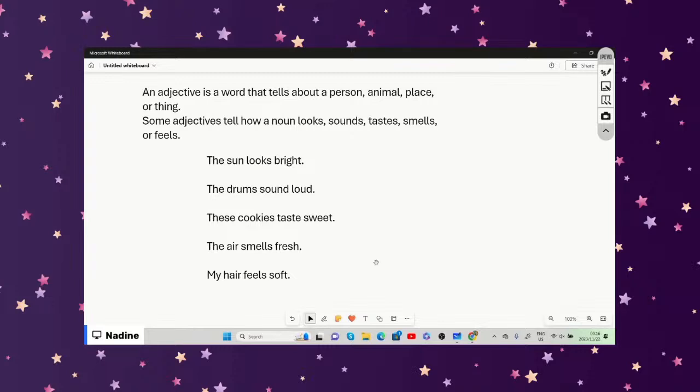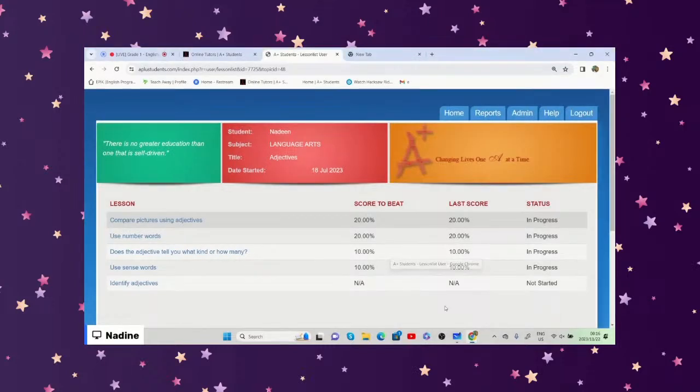All right, so now we go to A Plus. We can go to aplusstudents.ca. The two lessons that we are focusing on are to use sense words and to identify adjectives, under the chapter of adjectives.